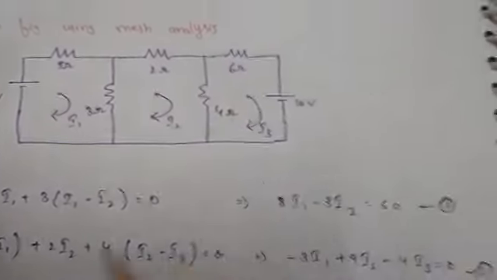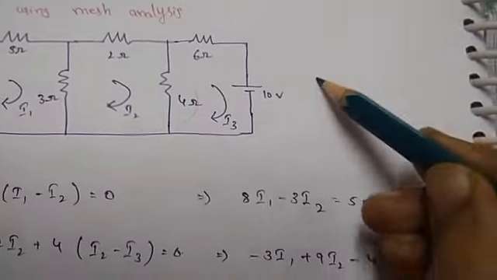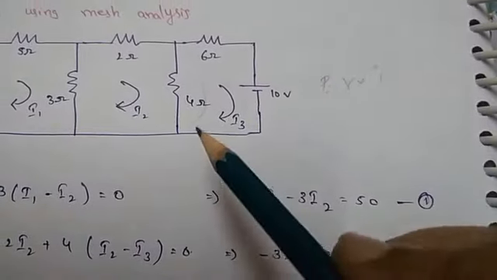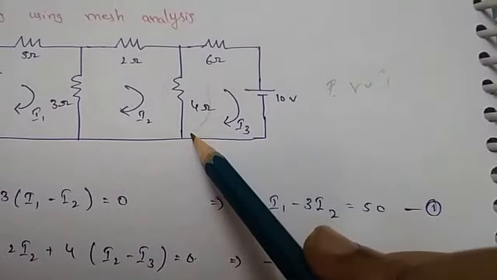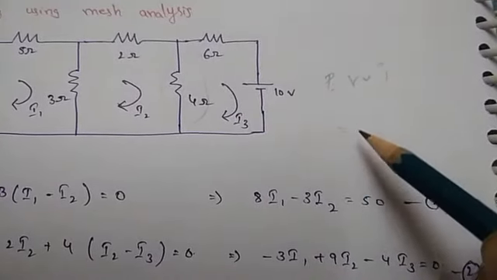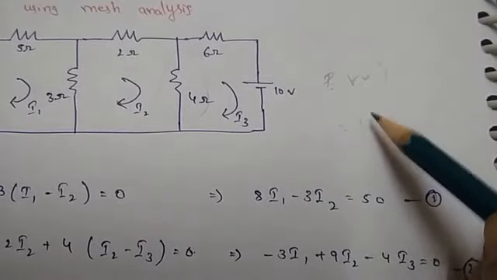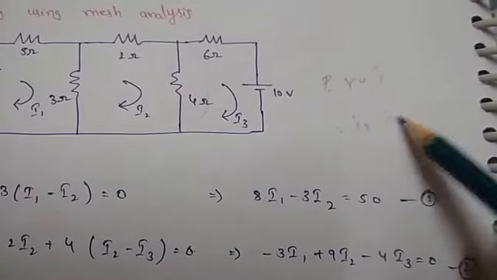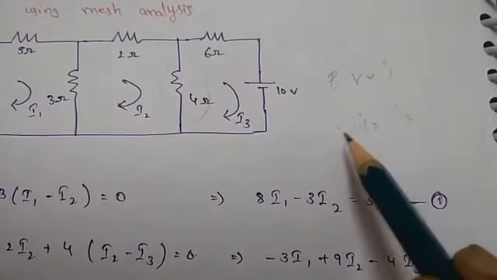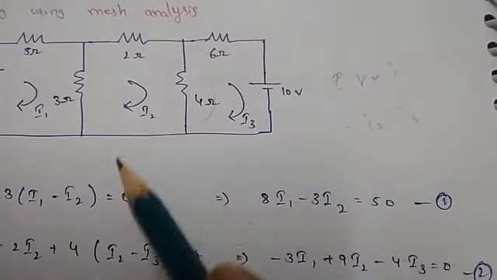They asked what is the power dissipation. We know that the power dissipation is nothing but V into I. So to find out the power dissipation in the 4 ohms resistor, the current will be, in whatever direction you assume, either I2 minus I3 or I3 minus I2, whatever. Okay, so this is the current.